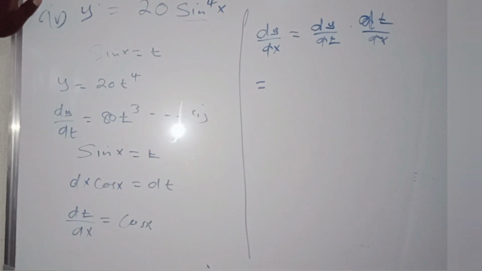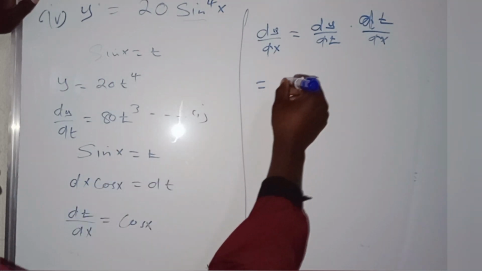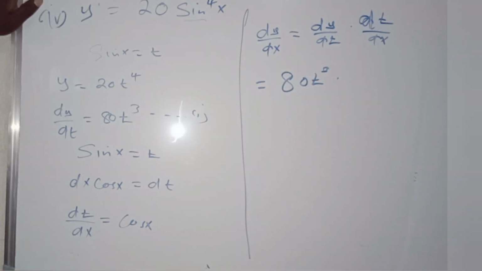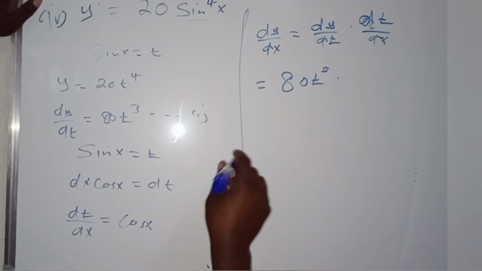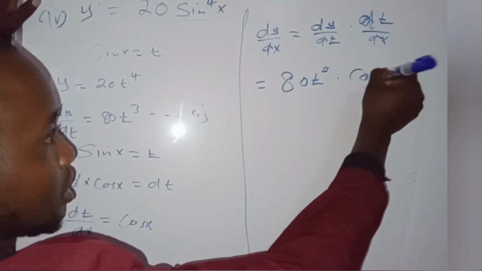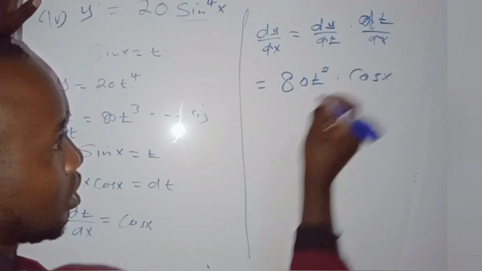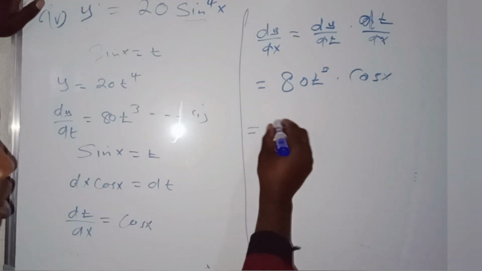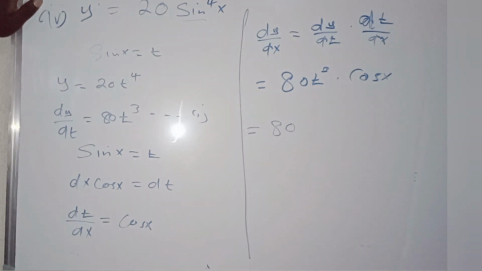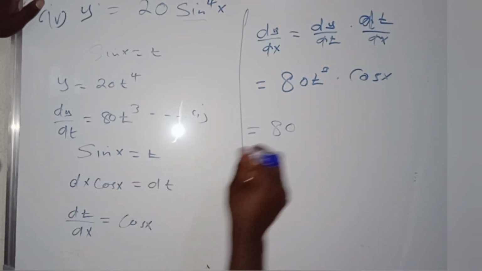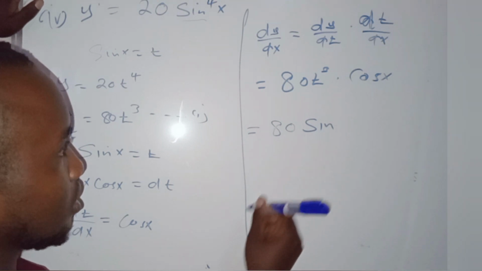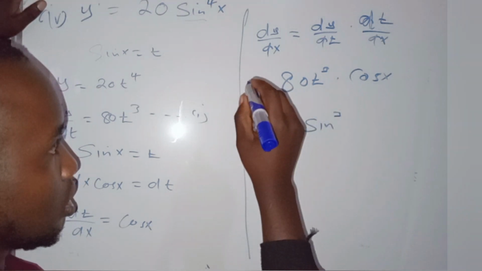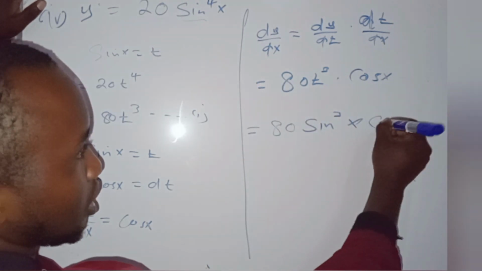Your dy all over dt equals to 80 t cubed multiplied by dt all over dx, which is cos x. So dy all over dx is equals to 80 t cubed cos x, but t is sine x, so sine cubed x cos x.